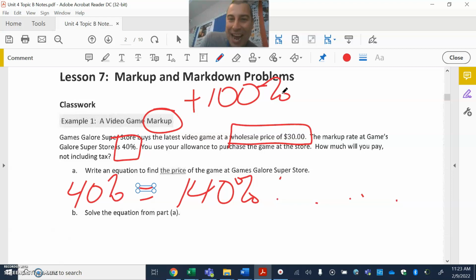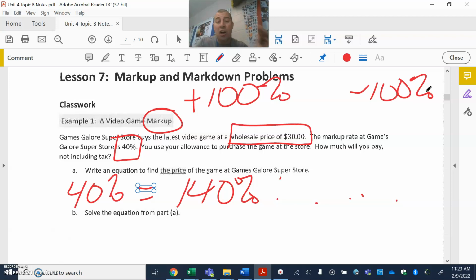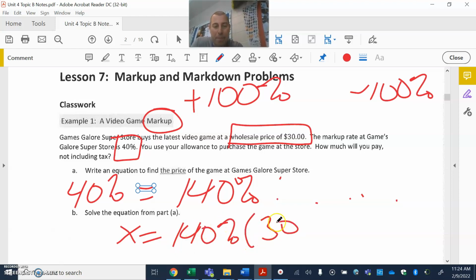When it's a markdown, guess what we're going to do? We're going to subtract it away from 100%. So what this allows me to do is just find 140% of my 30. And as we talked about, that's a multiplication problem. So all we're going to do here is take 140% and times it by the 30.